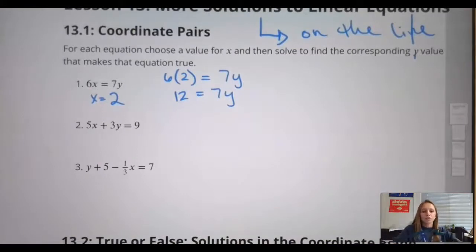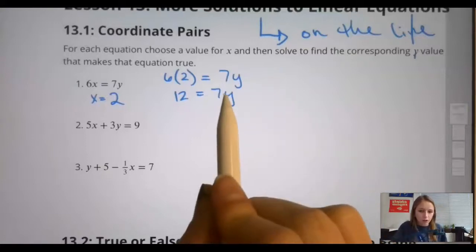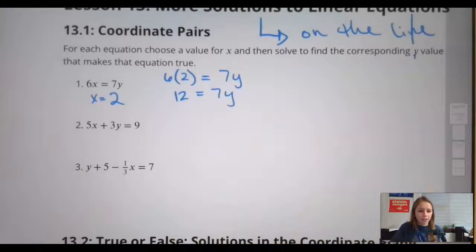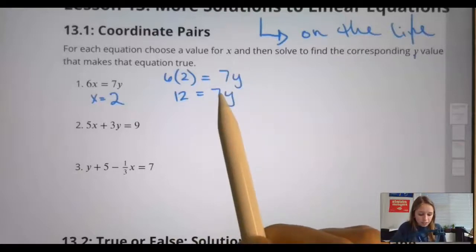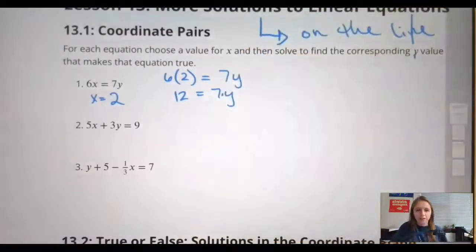7y. So I need to get y by itself, so I need to see how it's connected to that other variable, which is 7. In order to get y by itself, I have to disconnect it from that 7. And it says y times 7 there.